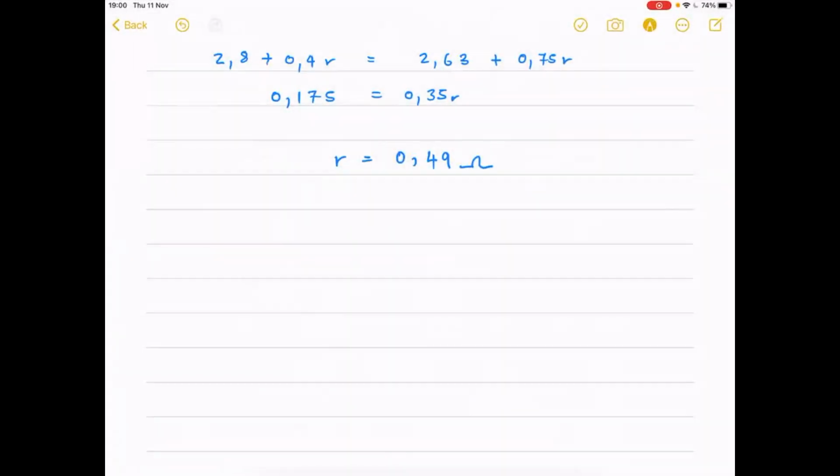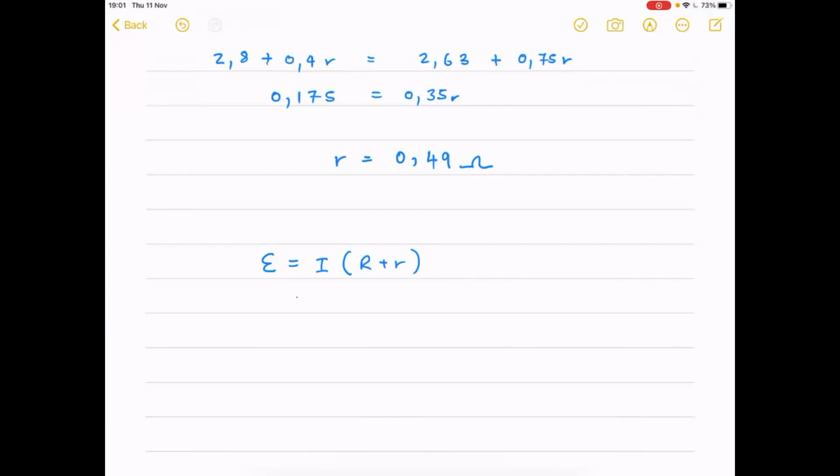So EMF. The EMF is equal to I times (R plus r). And then you just choose any one of the 2 equations. You must get the same answer because it's the same battery.